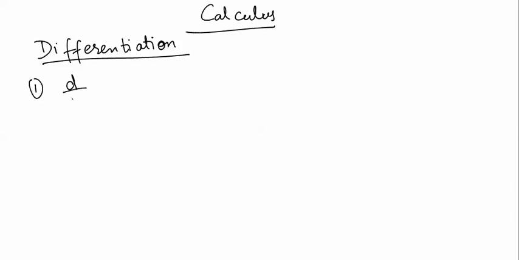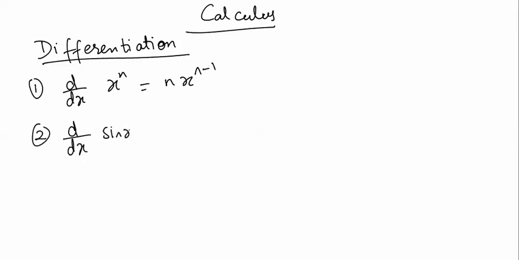Like if I say d by dx of x raised to n is nothing but nx to the power n minus 1. What is d by dx of sin x? d by dx of sin x is cos x. Okay, d by dx of cos x would become minus sin x.